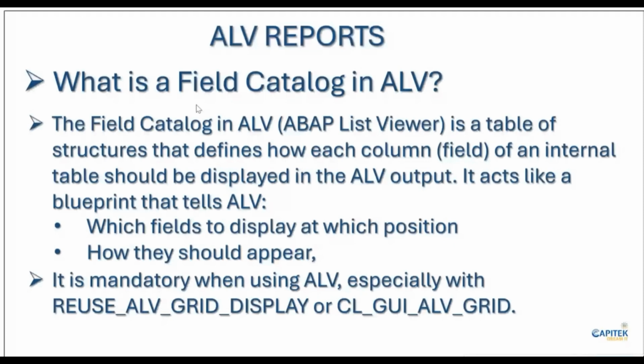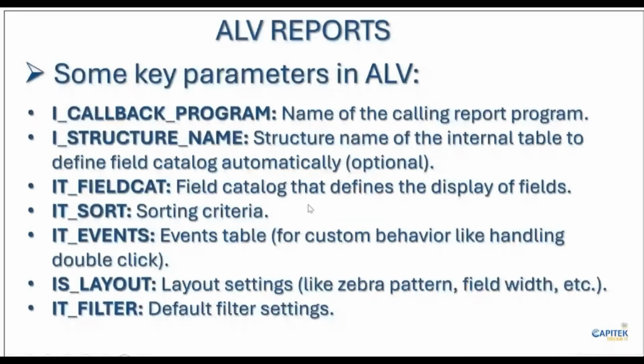Right. So there are some key parameters in ALV, like what we have seen in the custom function modules or the standard function modules. These are the different parameters associated with ALV. Like the callback program, it means our program name, which is currently running.